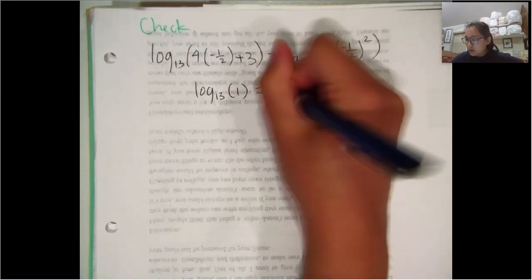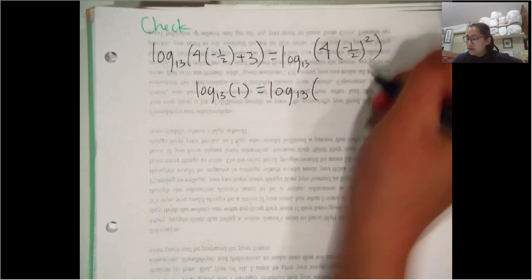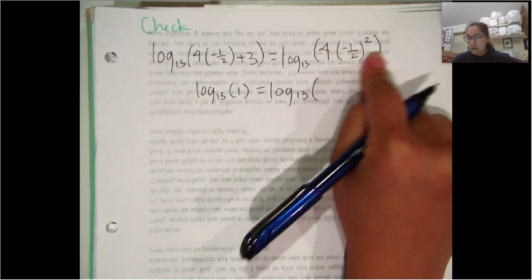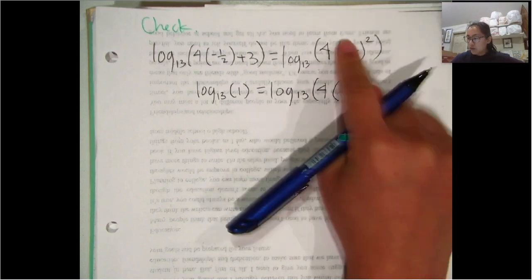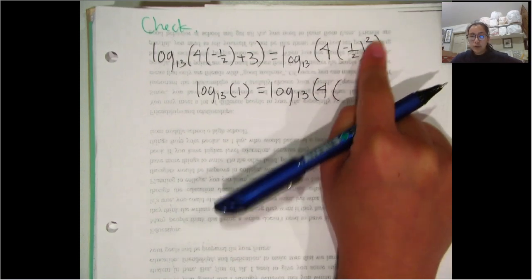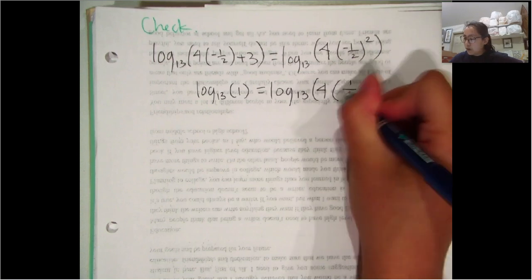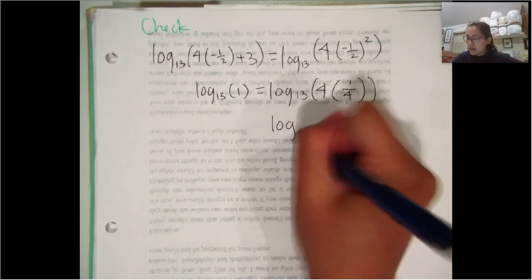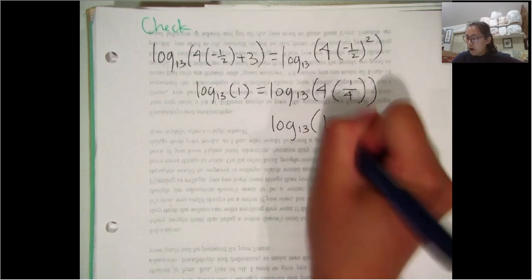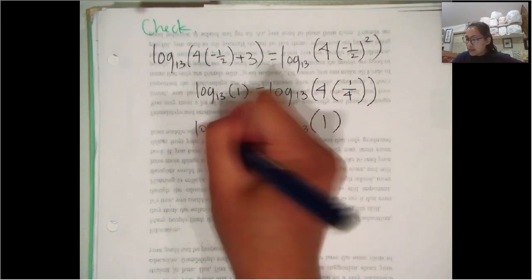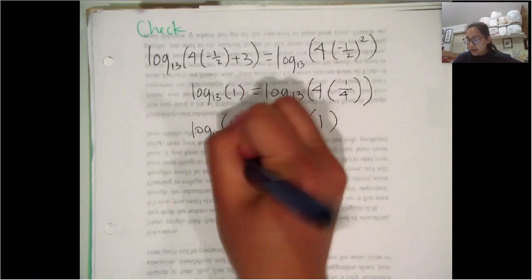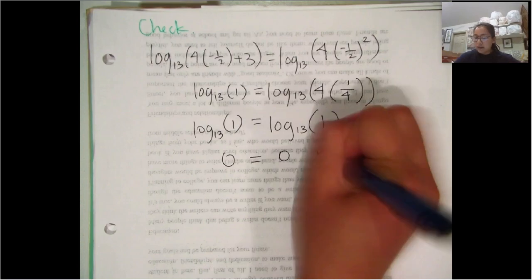Does that equal log base 13 of 4 times negative 1/2 squared? Negative 1/2 squared is negative 1 squared over 2 squared, so that's 1 over 4. And 4 times 1/4 is 1, so log base 13 of 1. And log base 13 of 1, what is that? That's 0, and this equals 0, and so therefore x equals negative 1/2 works.